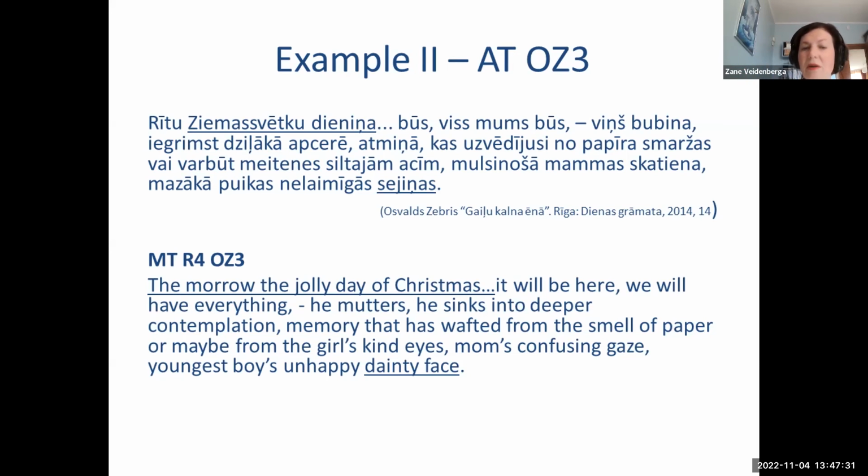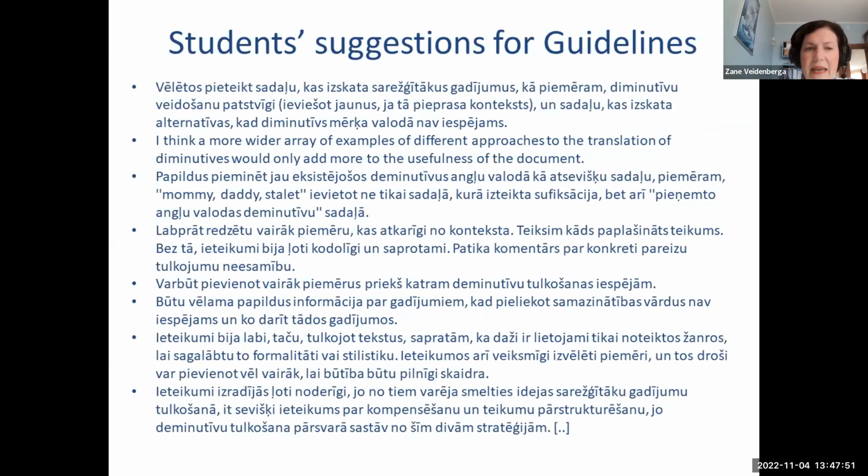And the way this student has transferred the connoted meaning of Ziemassvētku dieniņa: tomorrow, the jolly day of Christmas. Again, the student has tried to look for a kind of reformulation still containing the source text's atmosphere.